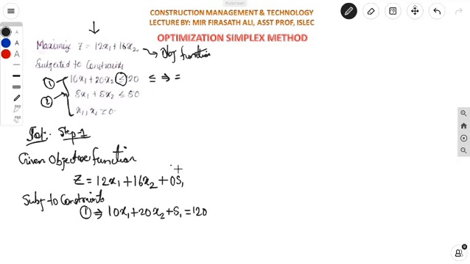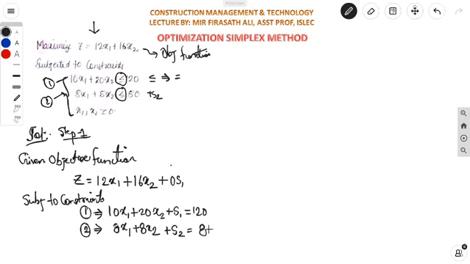Similarly, when we look at our second constraint, 8x1 plus 8x2 less than or equal to 80, again to change the less than or equal to, we need to add S2 over here, giving 80.